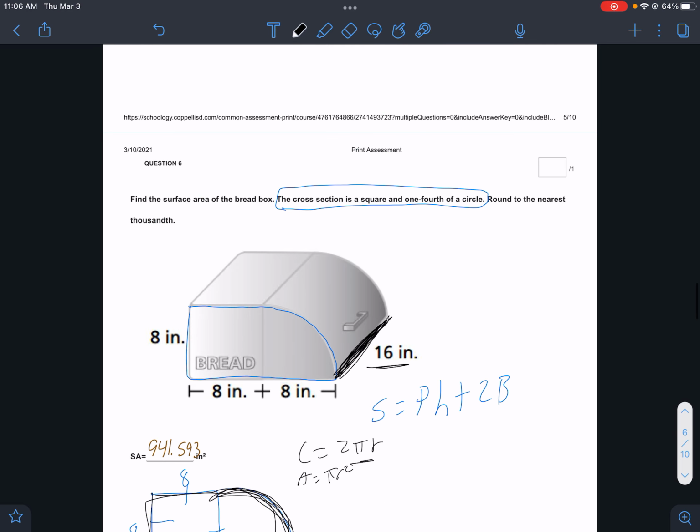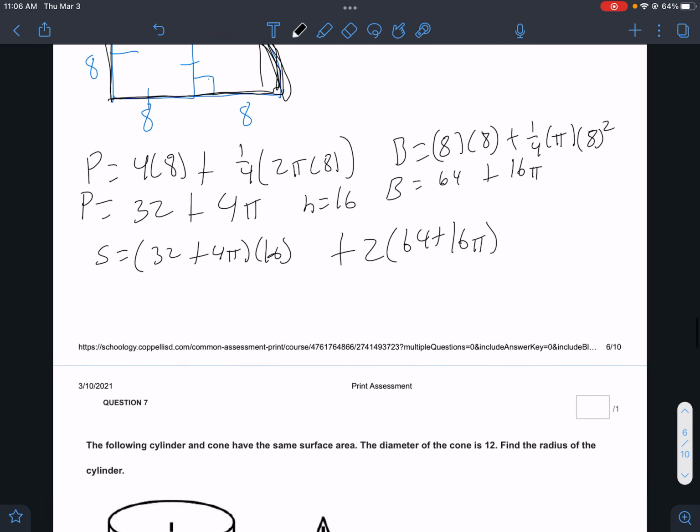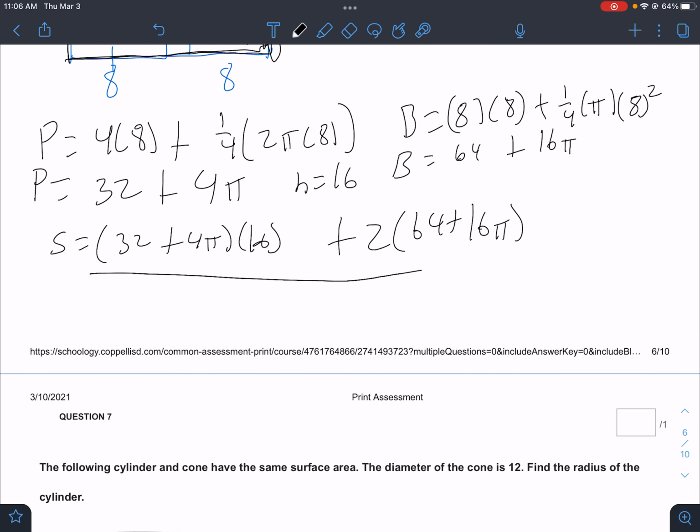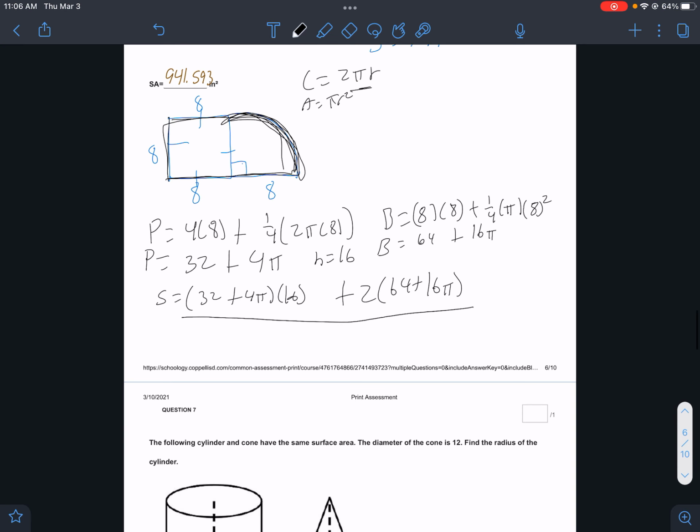And we're going to round that to the nearest thousandths. I'm going to type this in exactly like I wrote it: 32 plus 4 pi times 16 plus 2 times 64 plus 16 pi. pH plus 2B. Please do it right.